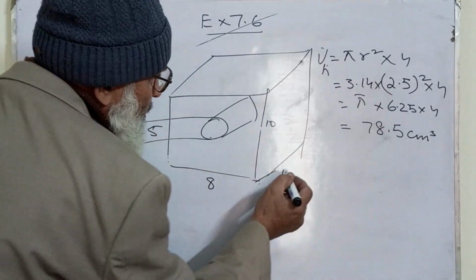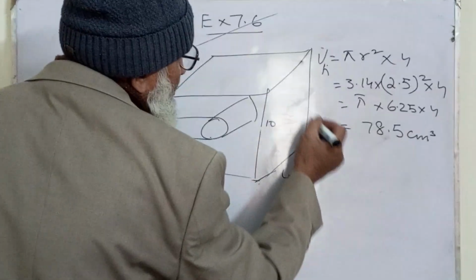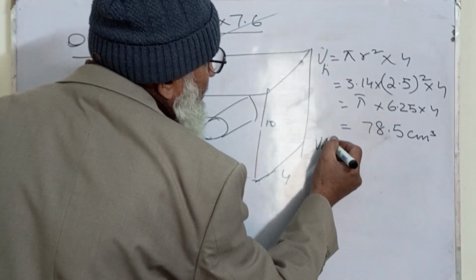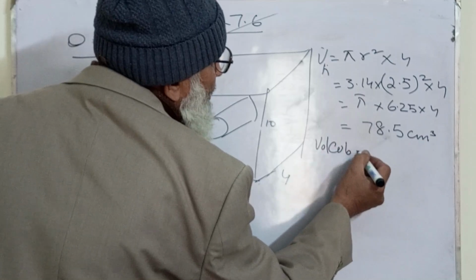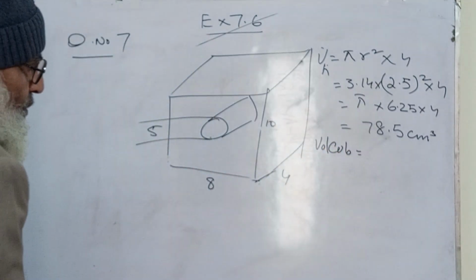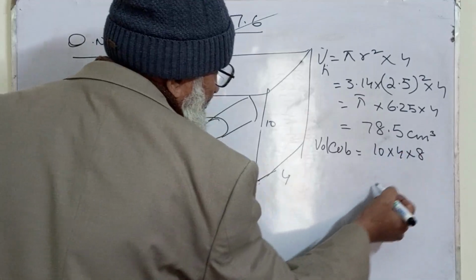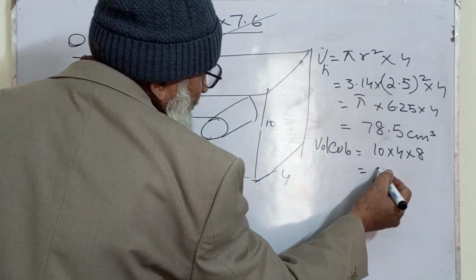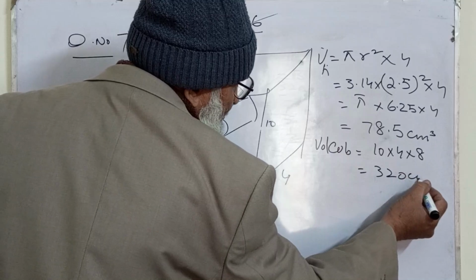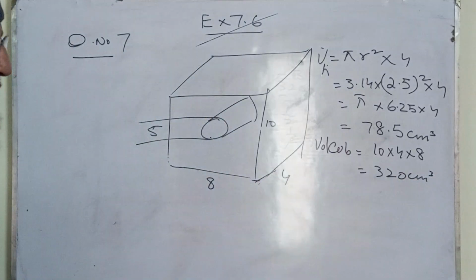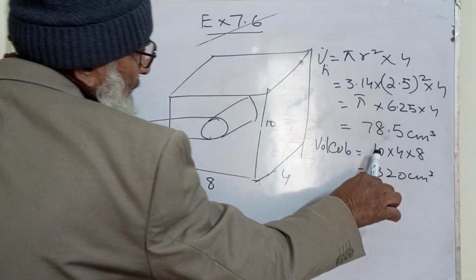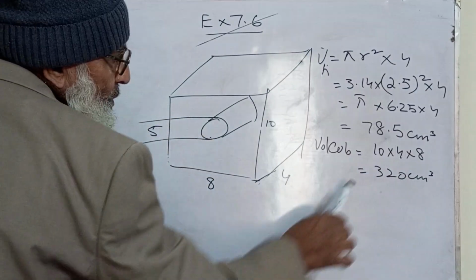Three dimensions are given for this. Volume of cuboid is equal to 10 multiplied by 4 multiplied by 8. It is 32, and then 320 centimeter cube.